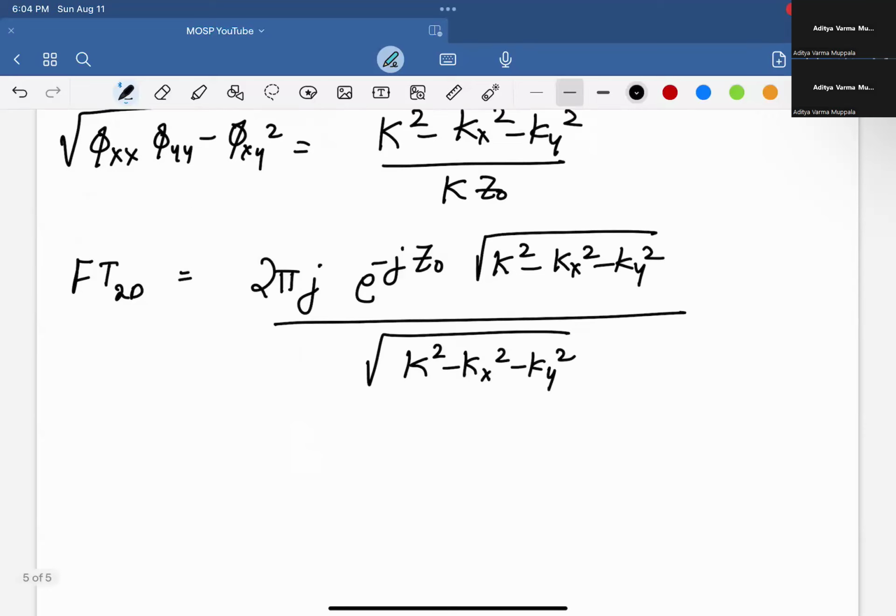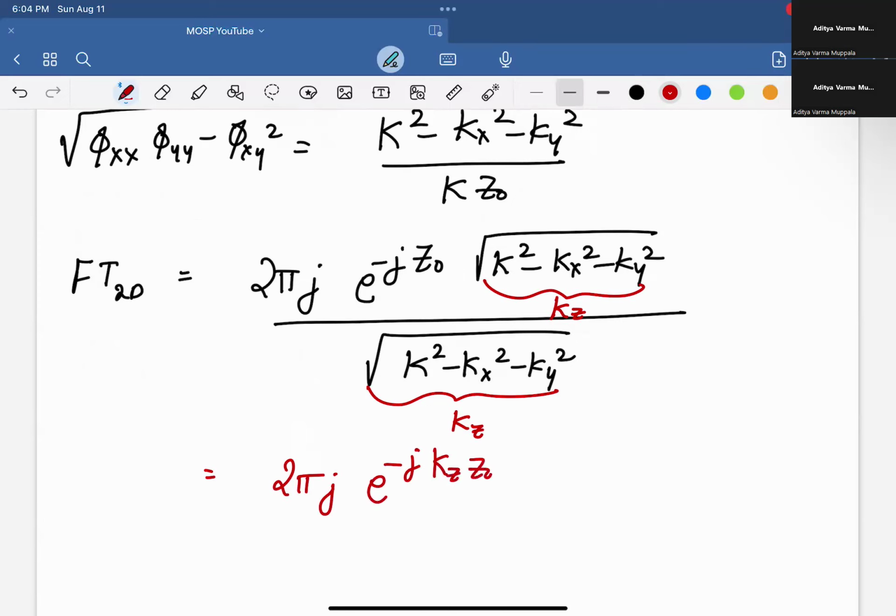Okay, you can actually call this kz, which is what we did in the videos. Call this also kz. Then this becomes 2 pi j e to the minus j kz z naught over kz.